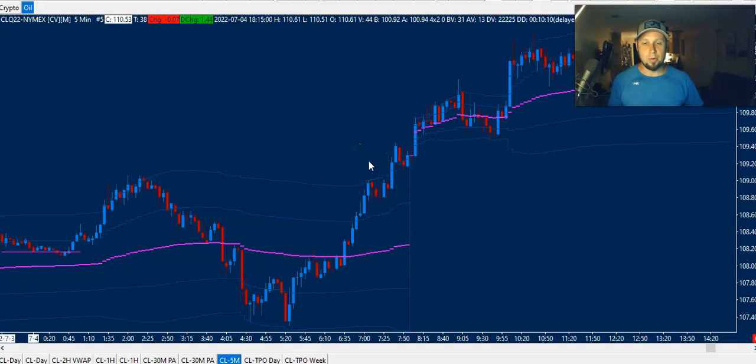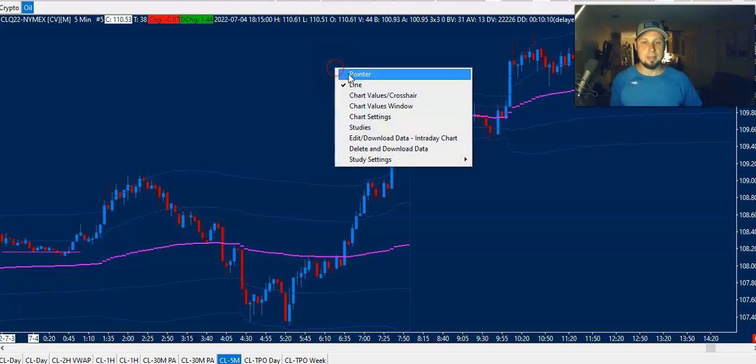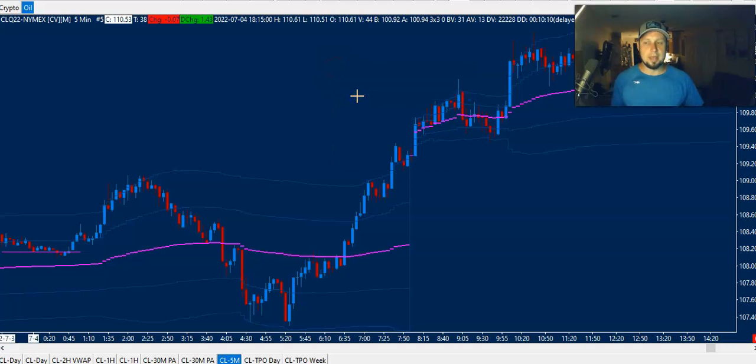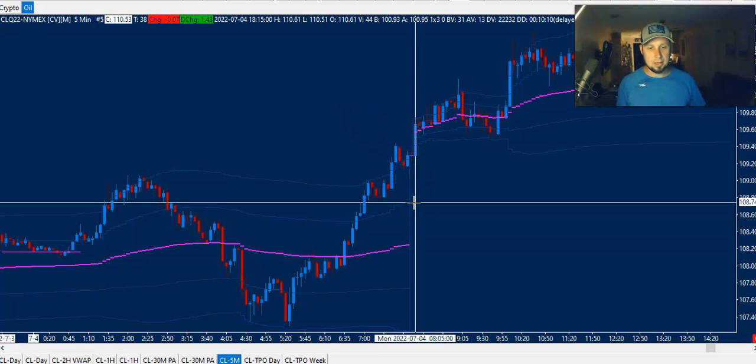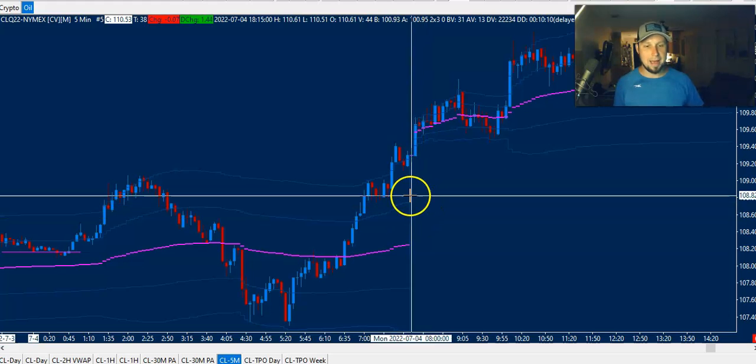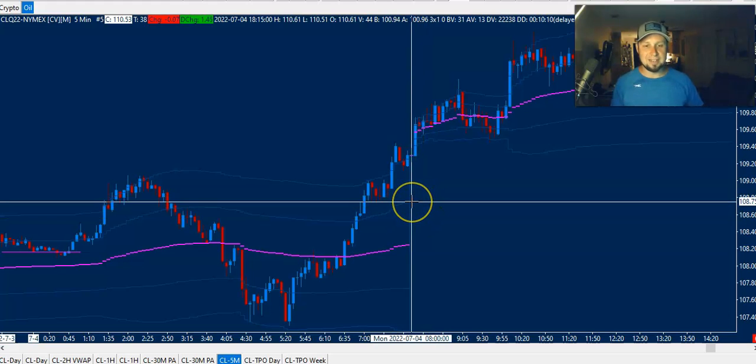Not only that, but you'll have the value areas of the volume profile, and even the market profile, but this is more related to volume. The value area high will kind of match this first standard deviation of the VWAP itself.